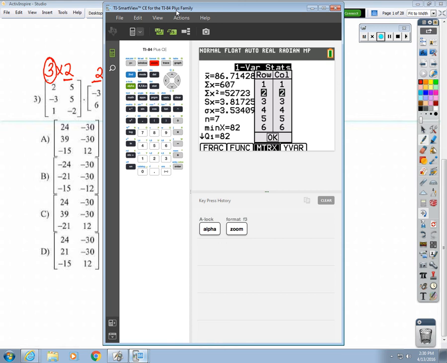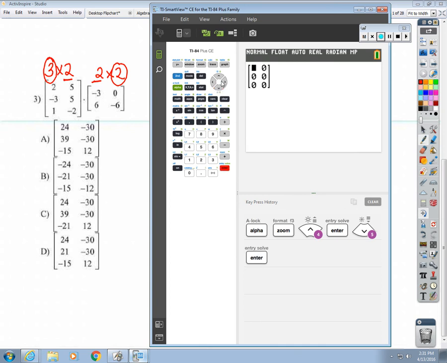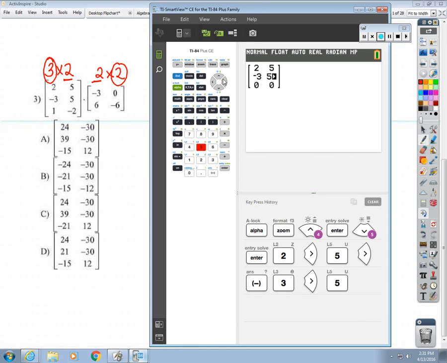Alpha zoom. First we have a 3 by 2, and then you enter in all 6 of its elements: 2, 5, -3, 5, 1 and 2. Or 1 and -2 actually. Okay, always check it for typos.